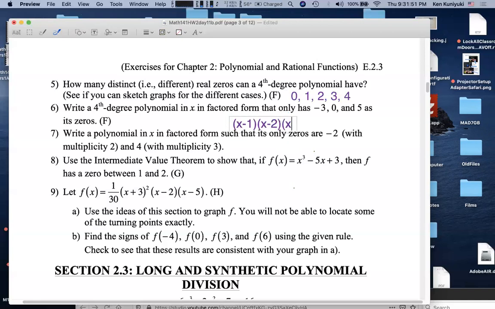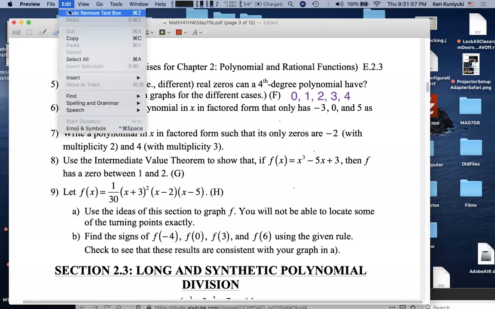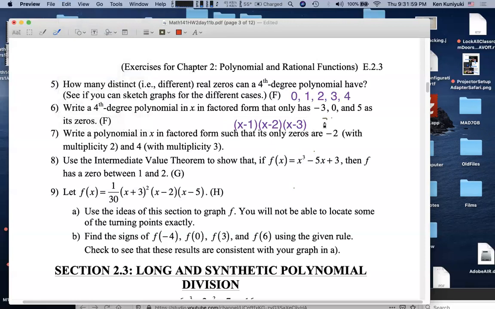So we're using the factor theorem. How about this guy? Our real zeros are 1, 2, and 3. Square this guy, for example, and the whole thing's 4th degree. In order to adjust the degree, basically manipulate the exponent. Finally, how about 4 distinct real zeros? Let's do another factor.